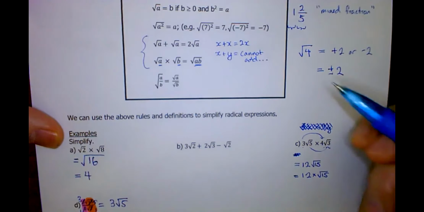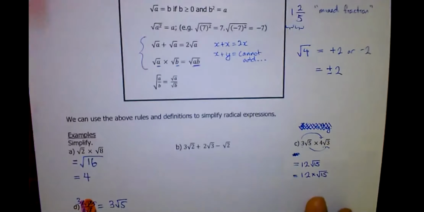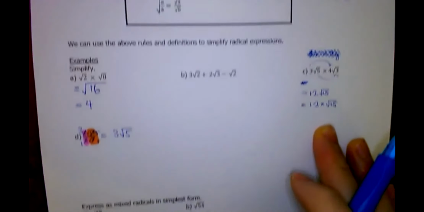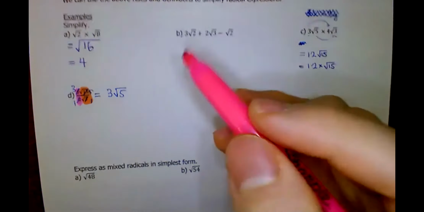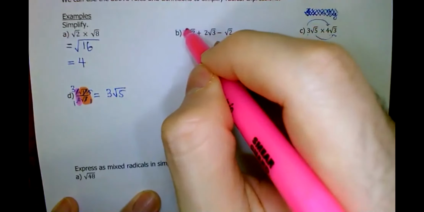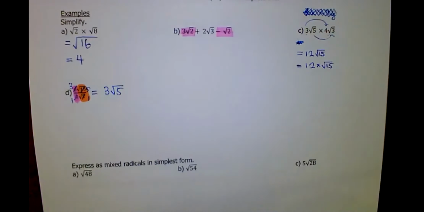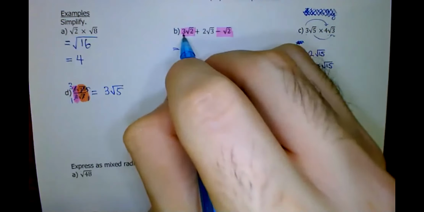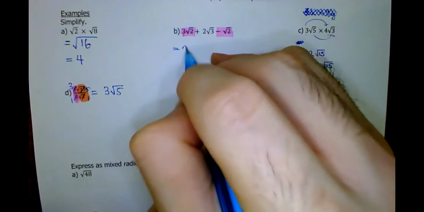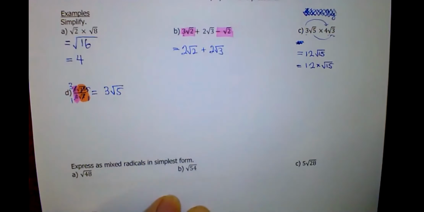So in the same way, if you are asked to add or subtract radicals, look for the common radical first. What do you think? So it's root 2, so then the answer would be 2 root 2 plus 2 root 3. Perfect. So these two are common radicals, and the root 3 is on its own. So 3 subtract by 1, 2 root 2 plus 2 root 3. Done. You can't go any further.